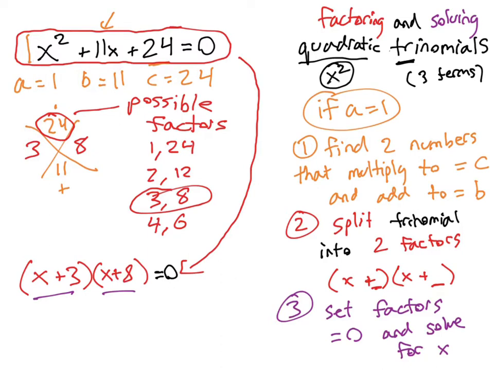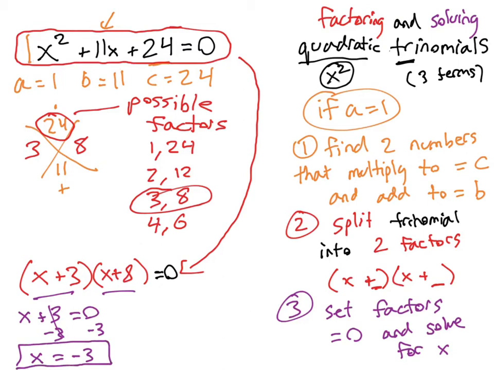So one possibility is maybe this first factor, x plus 3, is equal to 0. If x plus 3 is equal to 0, then to solve this, that means we want to figure out what value of x makes this true. And we can subtract 3 from both sides of this equation to isolate our variable x, and we would get x equals -3.